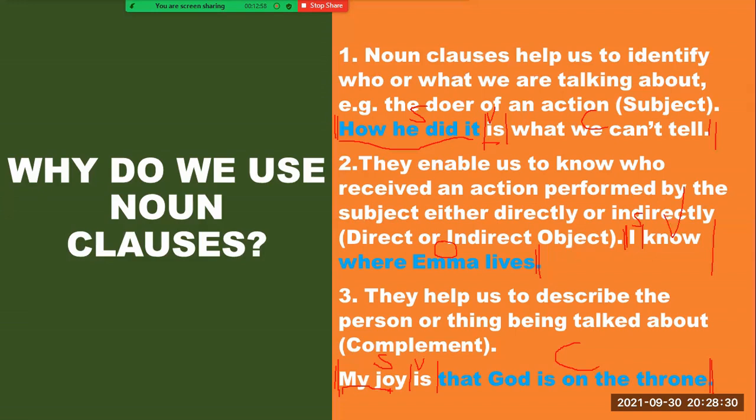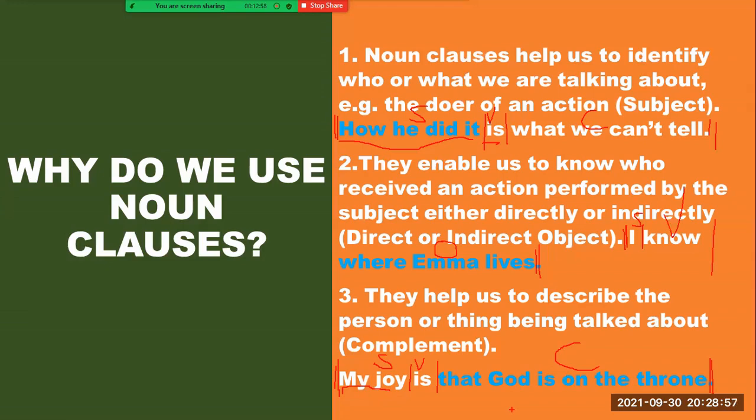There are two things that function as complements in English sentences. One is a noun or a noun element. The other is an adjective or an adjective element. For instance, we can say my joy is complete. Complete is an adjective, thereby describing my joy.